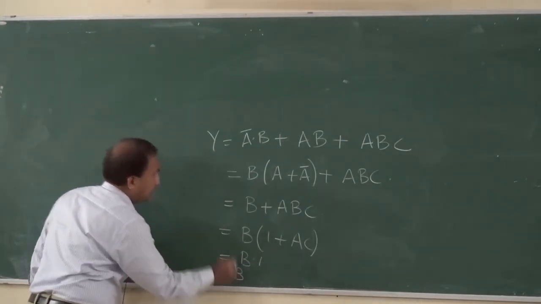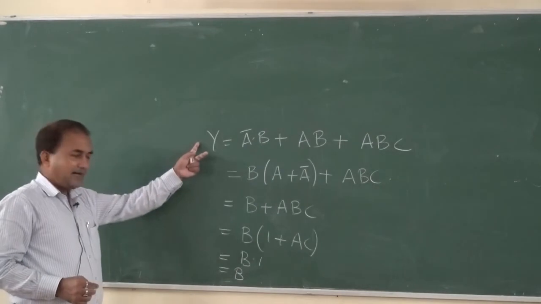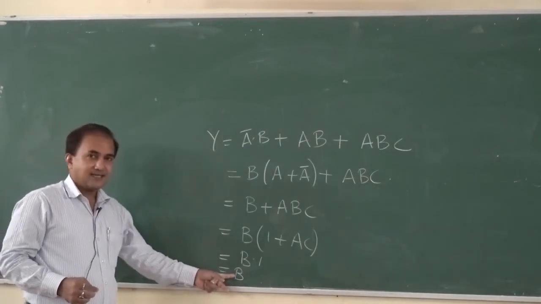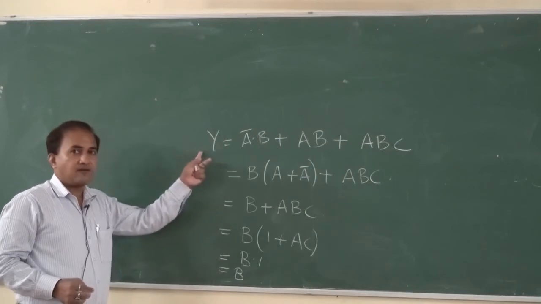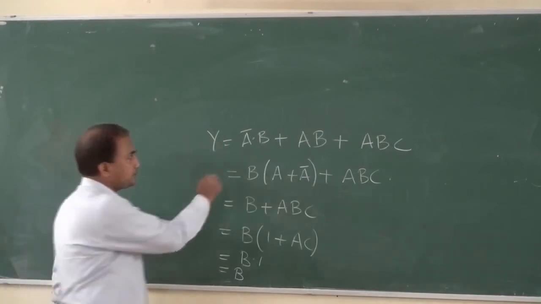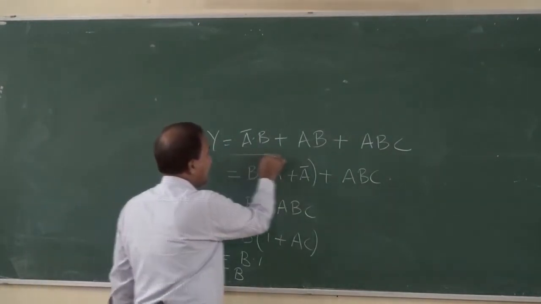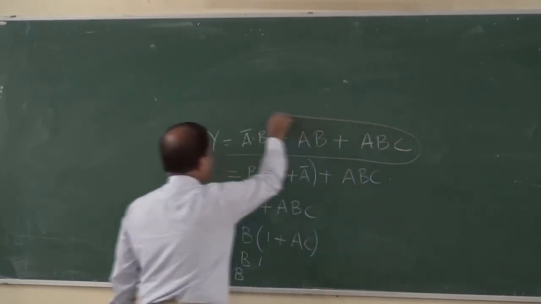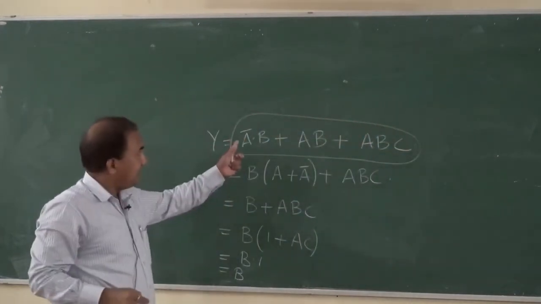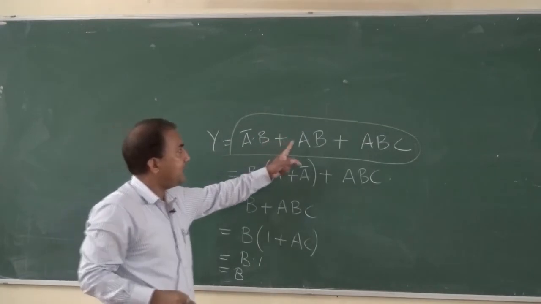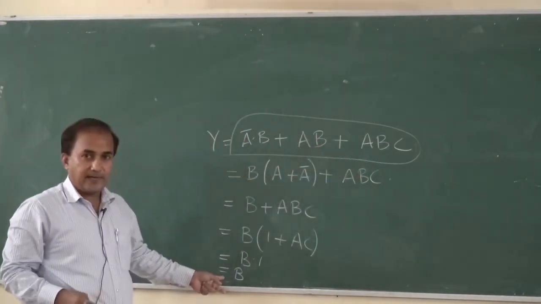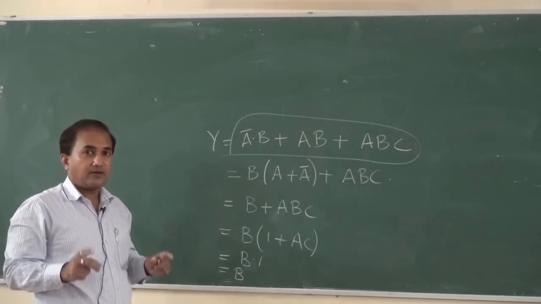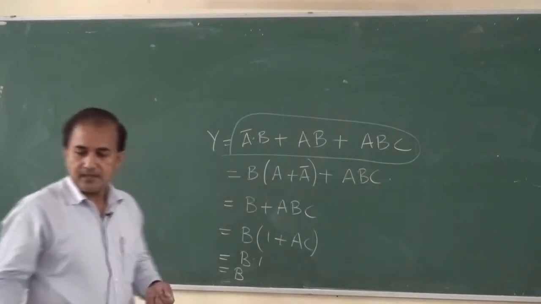So it is equal to B. So Y is equal to B. This is the simplified expression of Y. You can verify it by using a truth table also, that A dash B plus AB plus ABC is always equal to B.